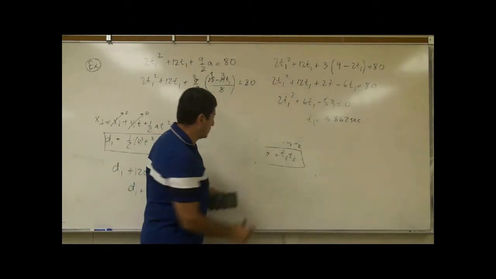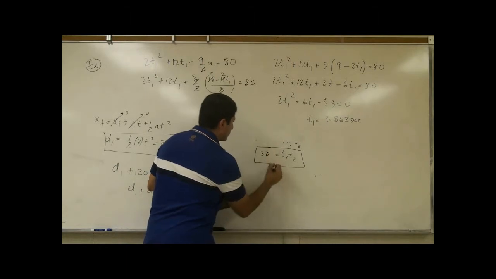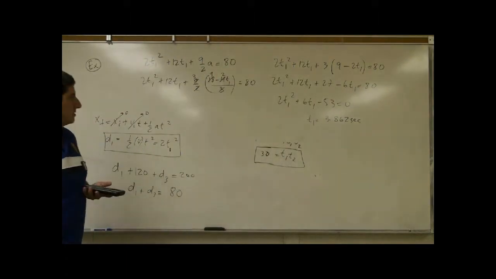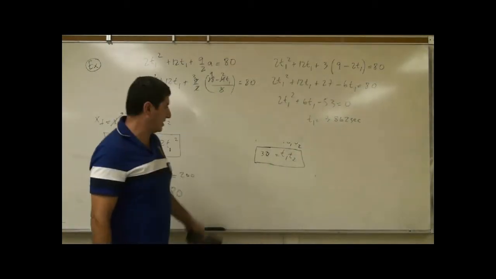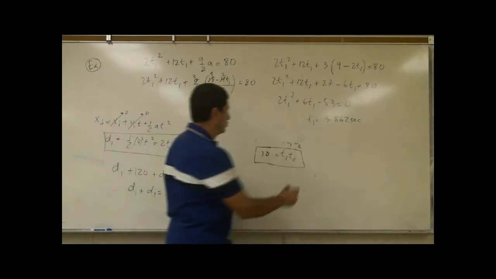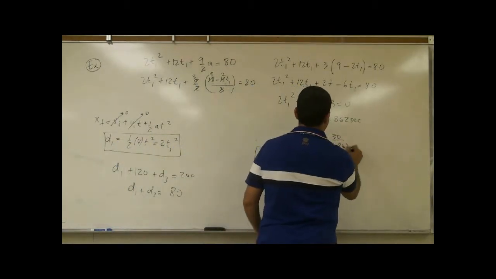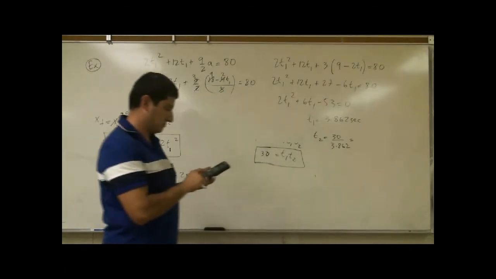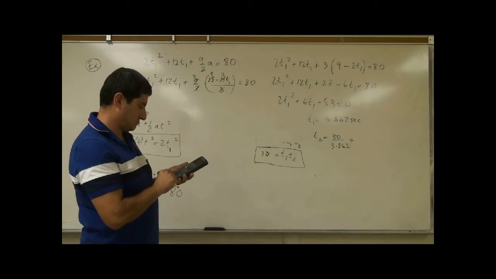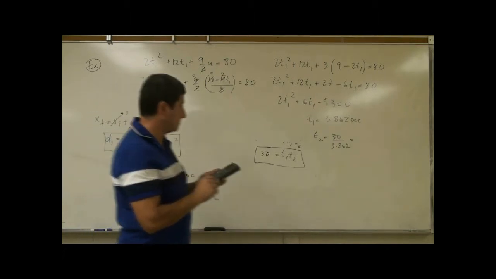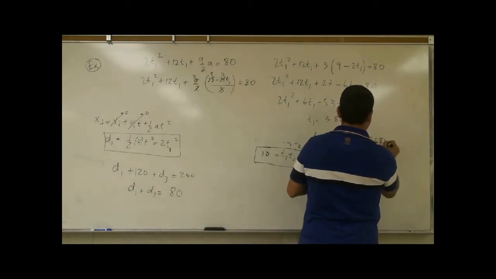Okay, you remember the product of T1 and T2 had to equal what? 30, right? So now from there, if we know T1 is equal to 3.86, we could put it here, we could solve for T2. T2 is equal to 30 divided by 3.862. 7.768 seconds.